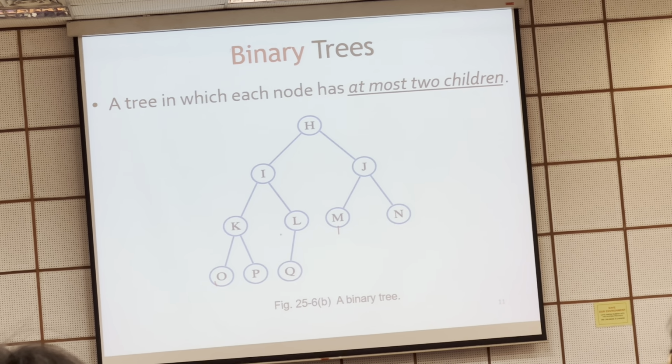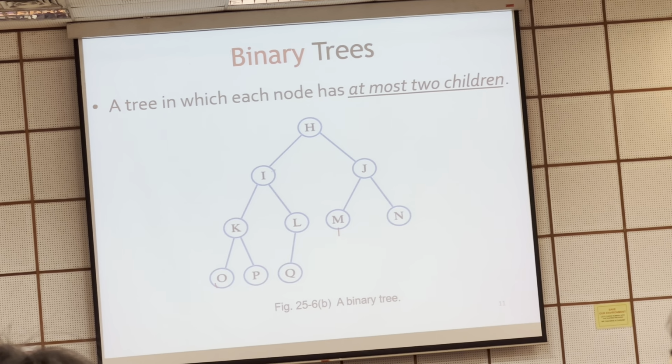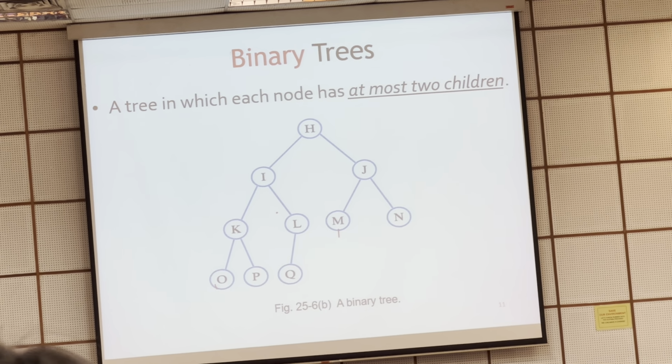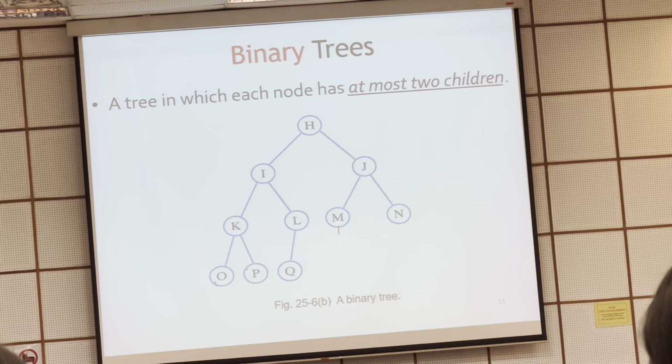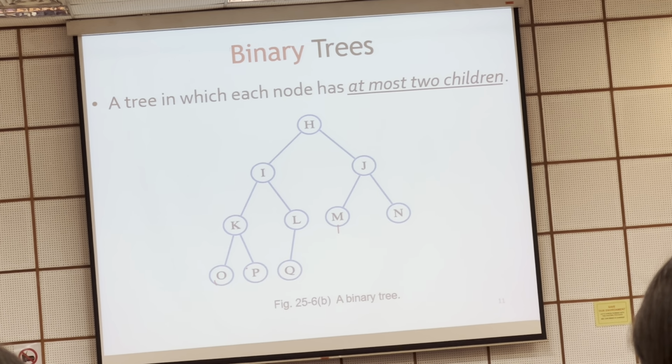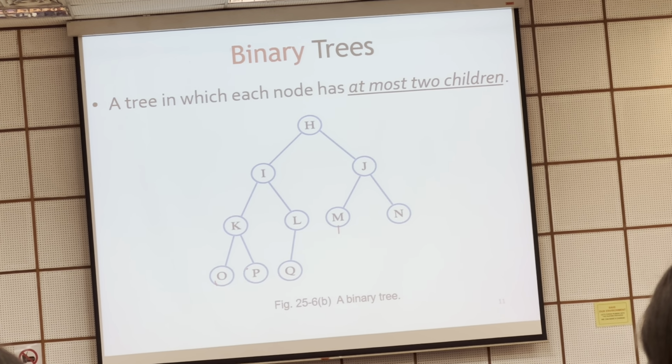Or like L, it can have 1 child. Or like Q, J or H, it can have 2 children. No children, 1 child, or 2 children. Do you understand?